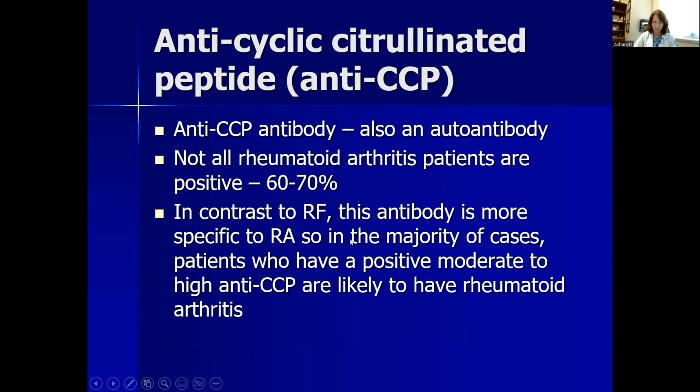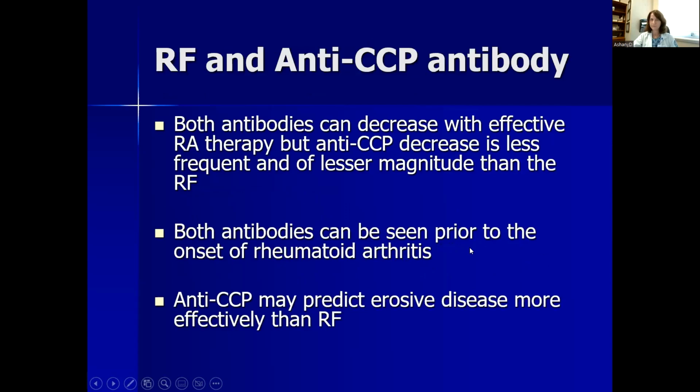So that means that in the majority of cases, patients who have this antibody being positive are more likely to have rheumatoid arthritis than not. Both antibodies can decrease with effective rheumatoid arthritis therapy, although anti-CCP tends to decrease less. It tends to remain positive.